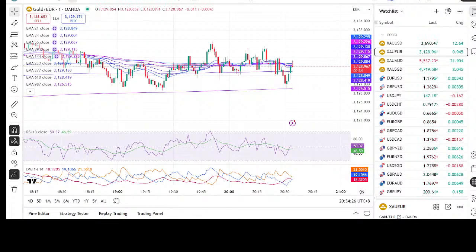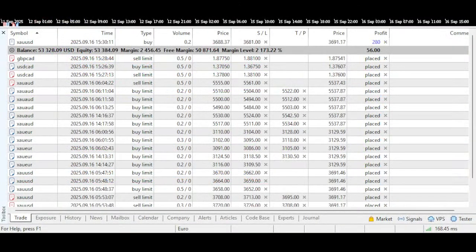Let me try to resolve that issue because I'm not sure where I changed it. So only one order is filled. We are still giving some time for the market to stabilize, and we are also giving some time to let the market digest this data.